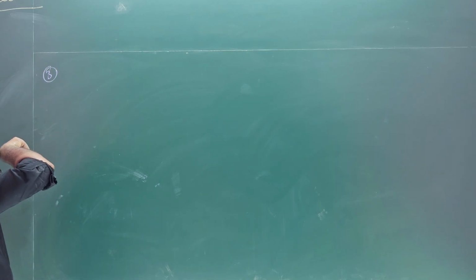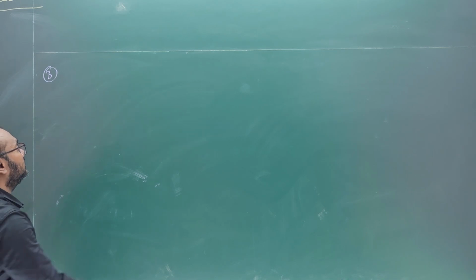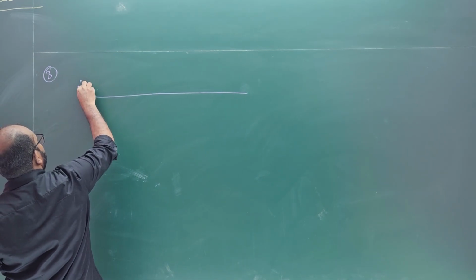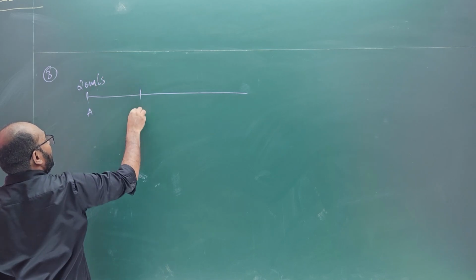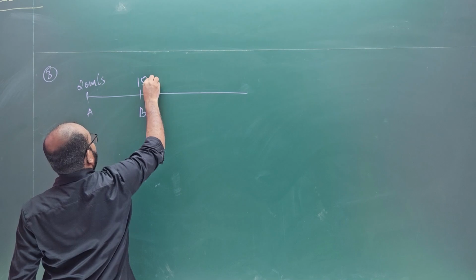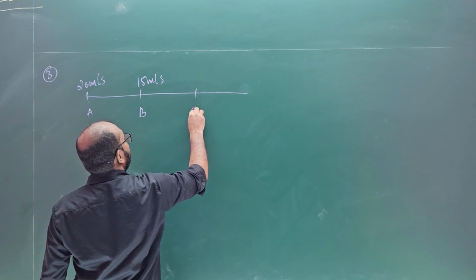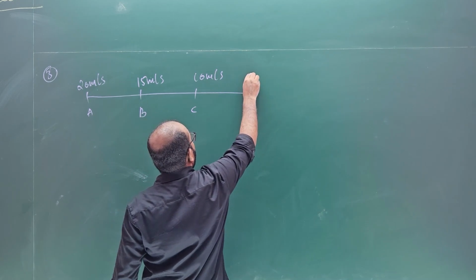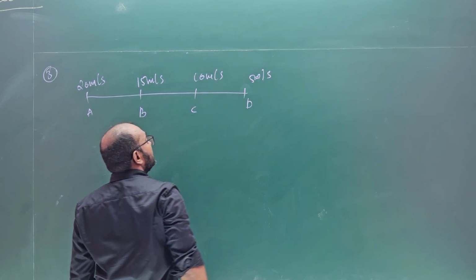Case number 3. Consider at this point A, velocity is 20 meter per second, and at point B, velocity is 15 meter per second. Point C, velocity is 10 meter per second, and at point D, velocity is 5 meter per second.